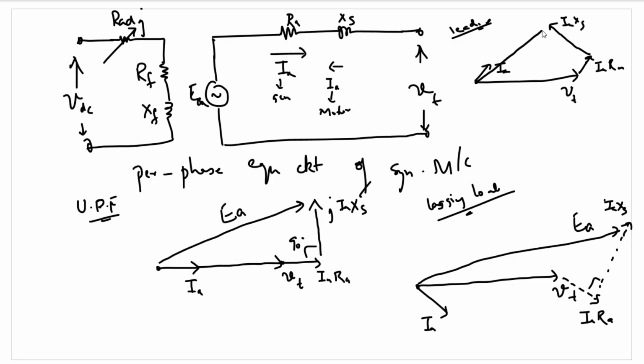So the resultant will be EA. So this is the per phase equivalent circuit. Now, depending on the magnitude, we can see how Ia will vary with respect to EA.